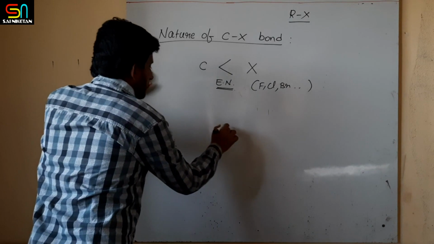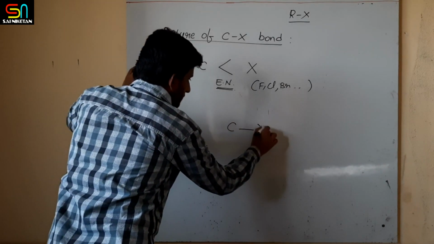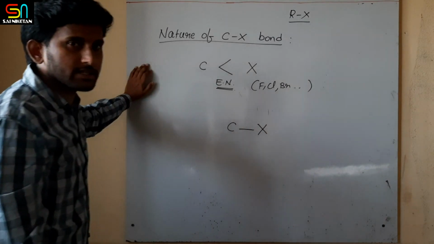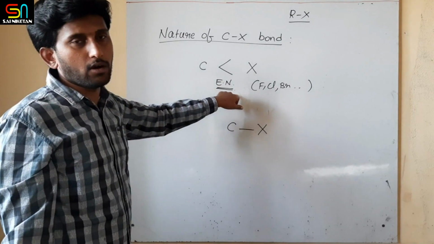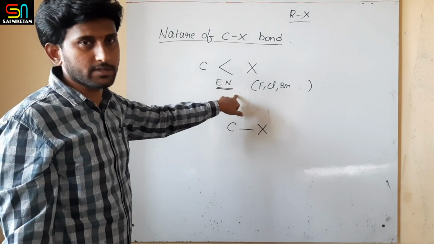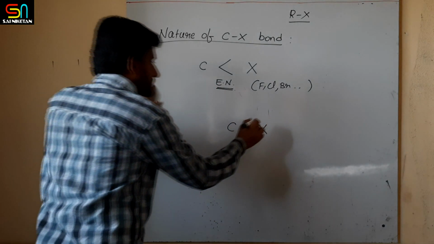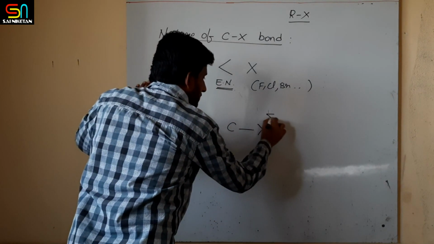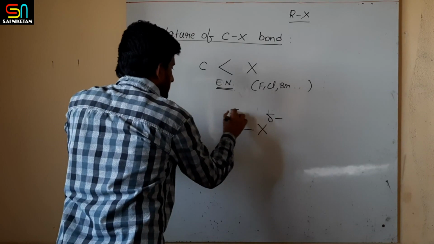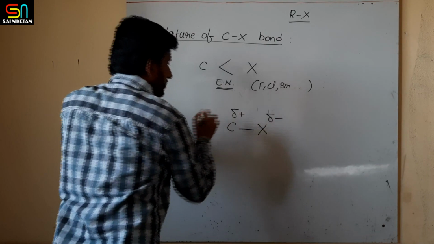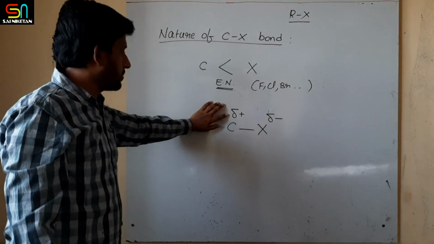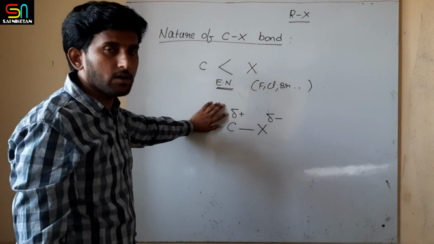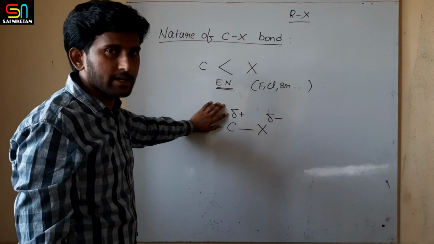In any C-X bond, due to the higher electronegativity of the halogen atom, there will always be a partial negative charge on the halogen atom and a partial positive charge on the carbon atom.